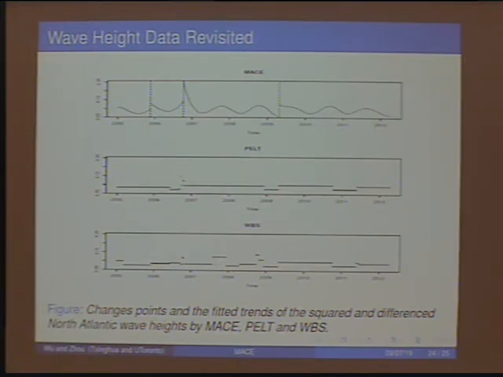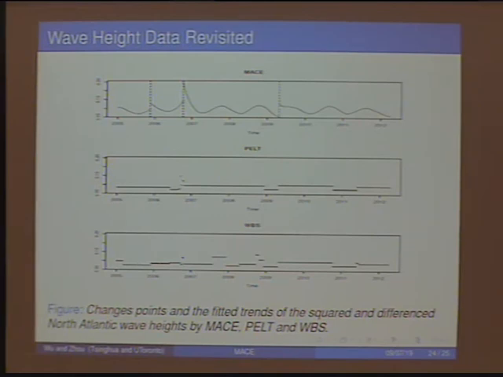Let's go back to the wave height data. For the wave height data, we have detected 3 change points. In between the change points, you can see that the wave height interestingly shows annually periodic behavior. In other words, the variability of the wave heights behaves annually periodically like this.